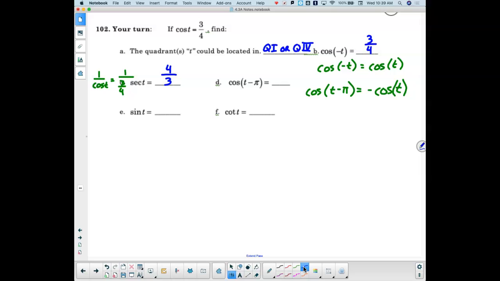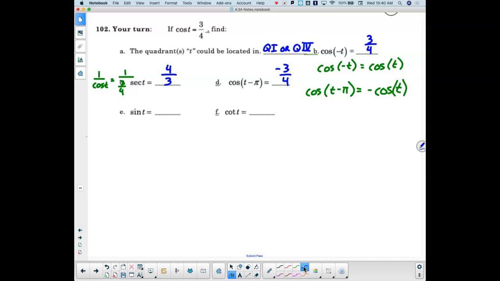Negative 3/4. Cosine of negative t is equal to cosine of t, yes, but I'm looking for negative cosine of t.